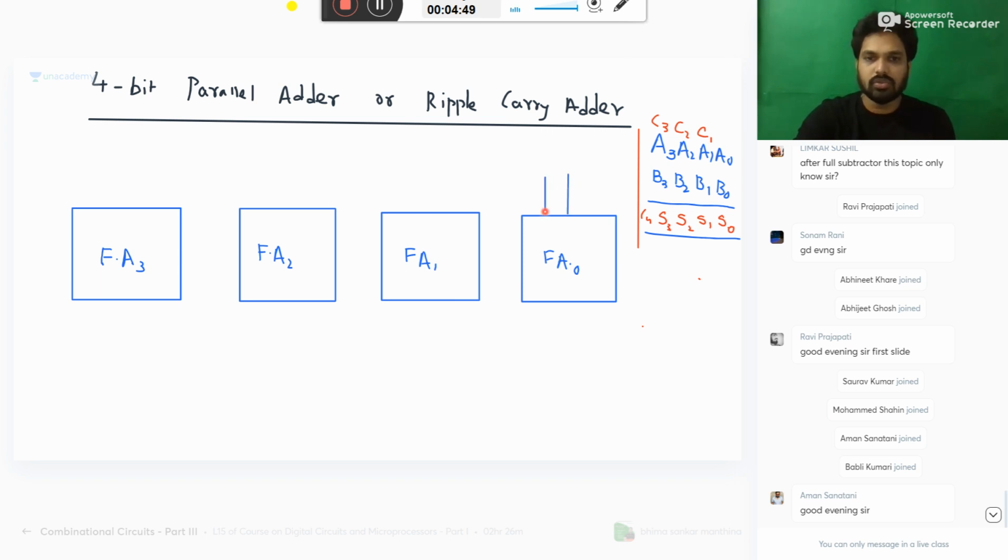You give the inputs A0, B0, A1, B1, A2, B2, and A3, B3. You will be getting sum and carry. Carry is to be taken and added to the next stage. You will be getting sum and carry. Carry is to be taken and added to the next stage.